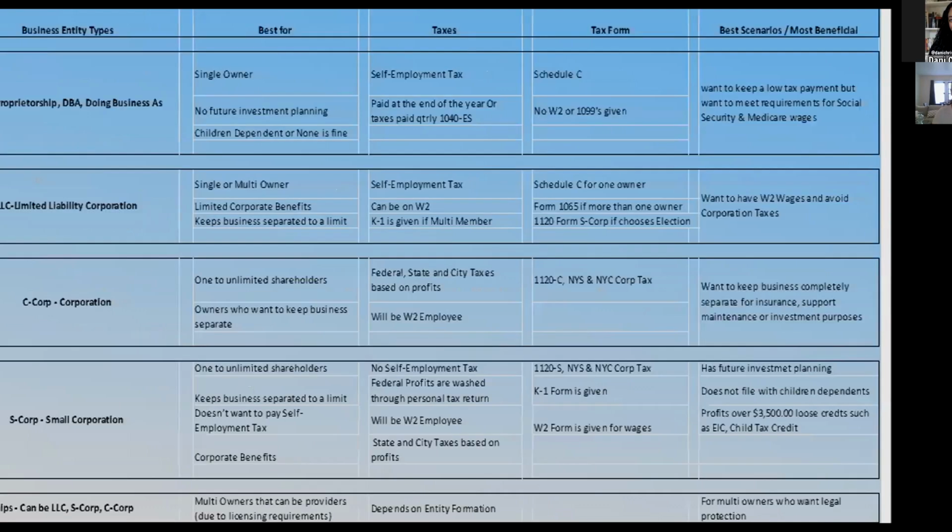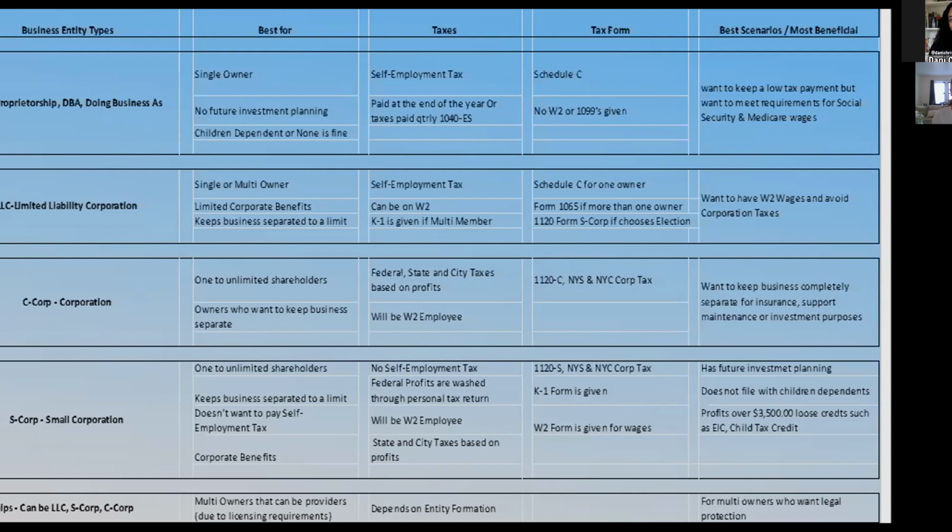So this sheet, I don't want it to intimidate you, but basically it shows the different business entity types, what they are best for, and what the differences are when it comes to taxes and the tax forms, and what the best and most beneficial scenarios are for you. So for most of you that are DBAs or sole proprietors, or you just registered your daycare under your name with your social, that is basically best for a single owner.